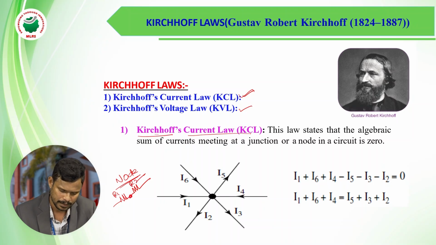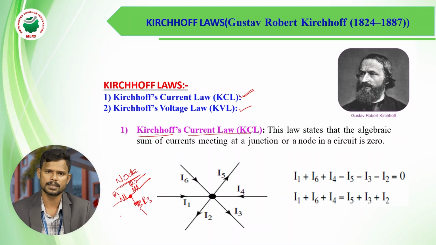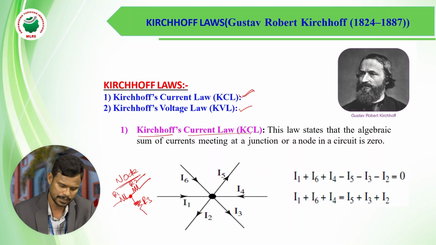This is the point where two branches are connected, and that is called a node. It may be more than two elements also. This is R3. So it may be a combination of two elements or more than two elements, and then it is called a node. This is also a node.